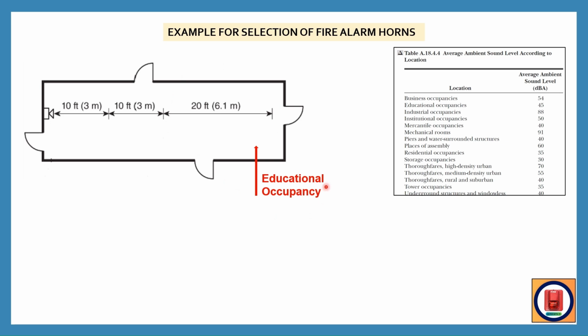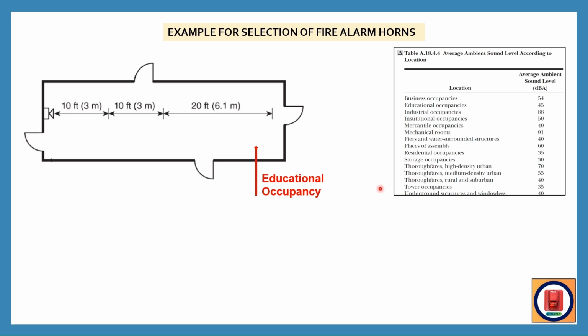Hence we consider public mode for this and decide the dBA rating, adding 15 dB to this average ambient sound level. Don't get confused, I will explain smoothly in this particular slide.